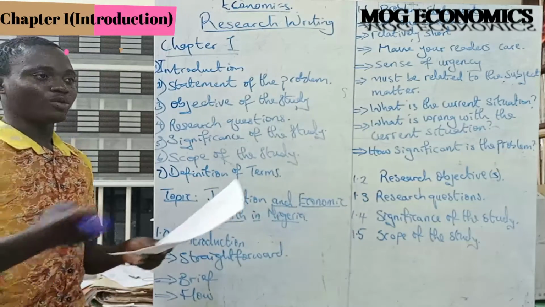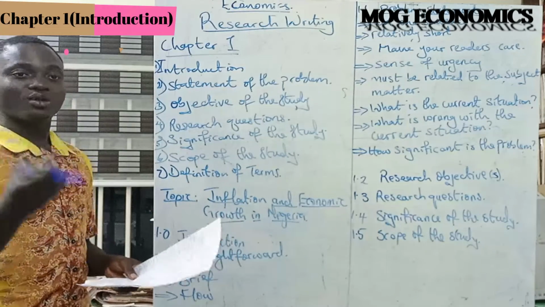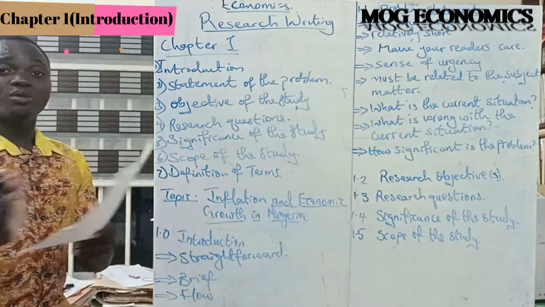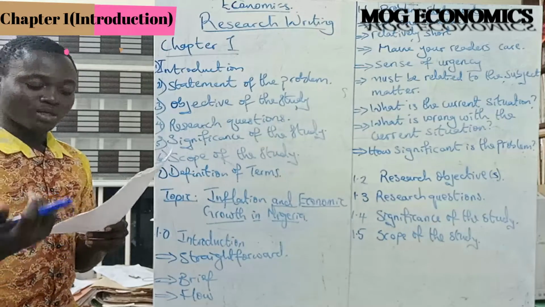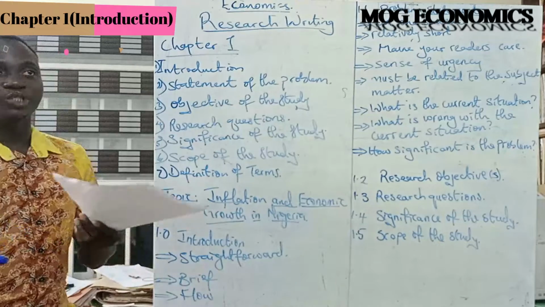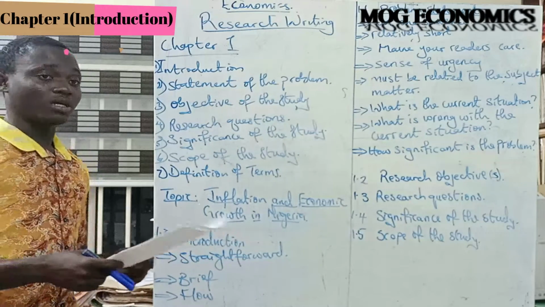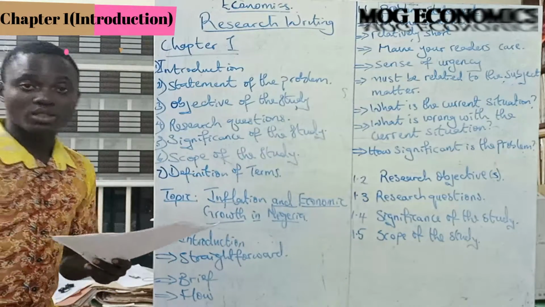So what I have to do is cite a credible source, a source that has also mentioned that Nigeria has about 200 million people. So I may as well say Nigeria is a country of about 200 million people, then as a reference, World Bank 2021. Then I continue, National Bureau of Statistics 2020, 2021.